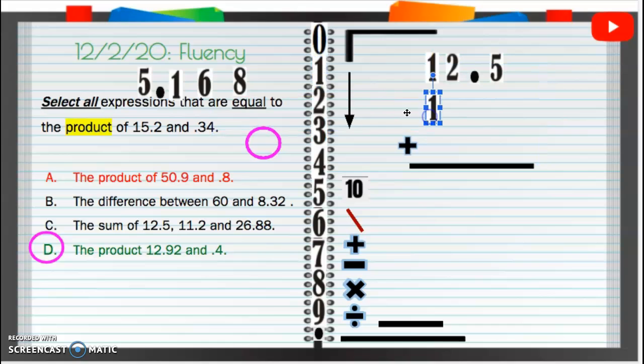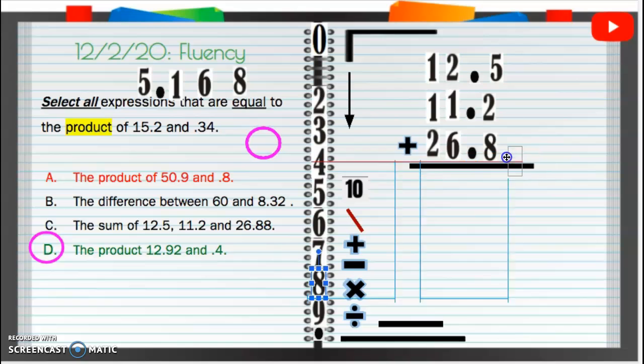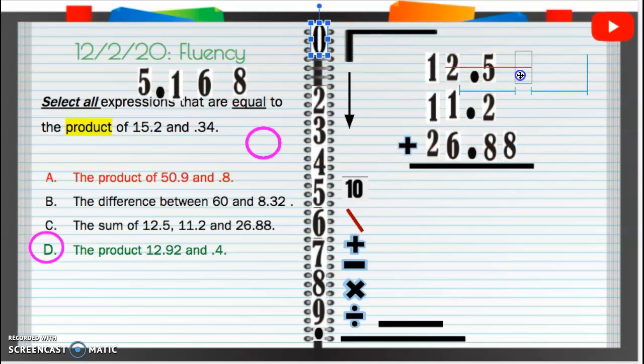Line up your decimals, make sure. 11 and, we're out of ones, and 2 tenths. And 26 and 88 hundredths.